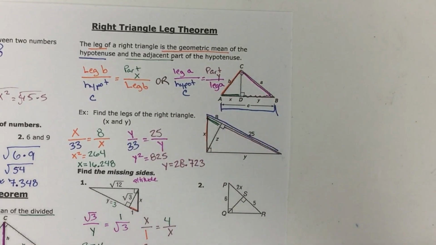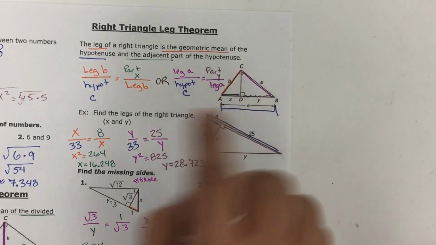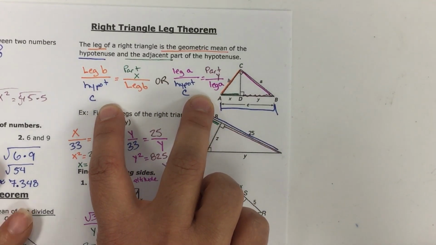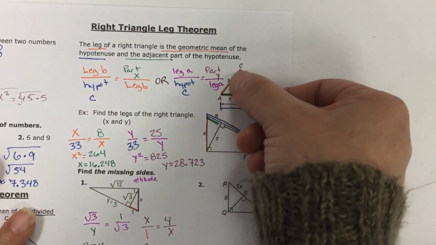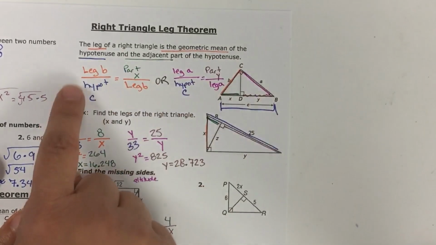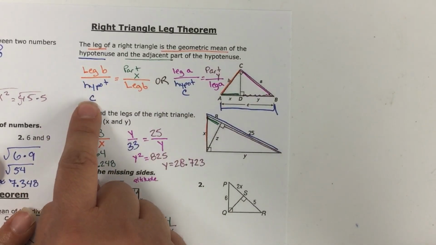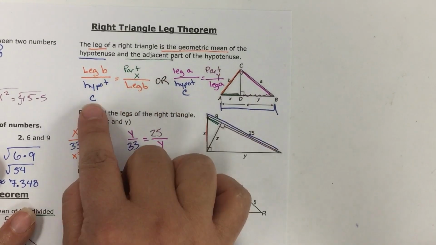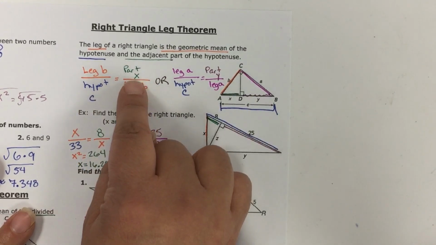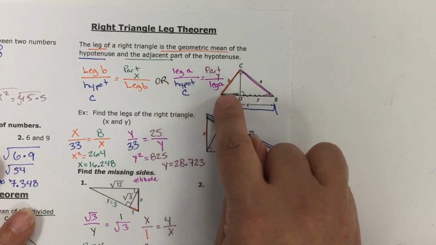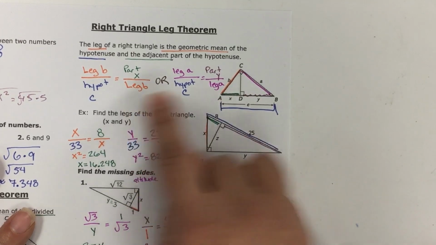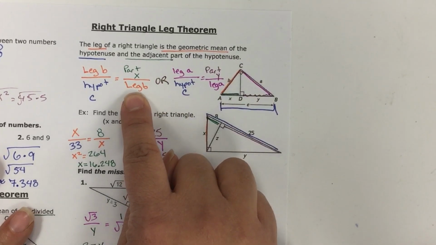Since a triangle has two legs, there are two different setups you can use. If I'm looking for leg B, the left leg here, it's leg B over the whole hypotenuse, represented by C, equal to the part that's adjacent to the leg, which means right next to it, X, over leg B again.